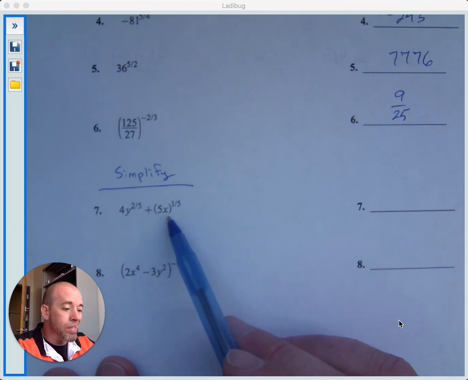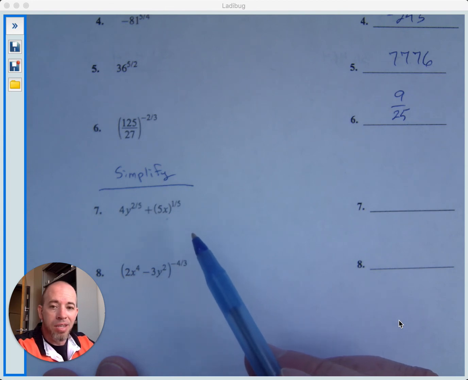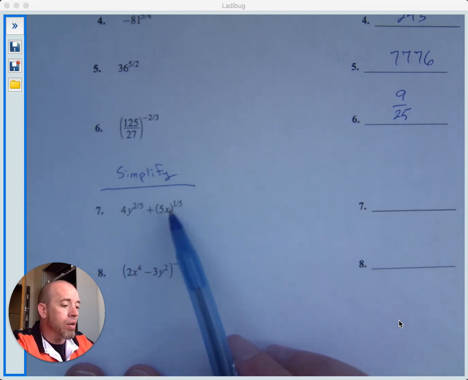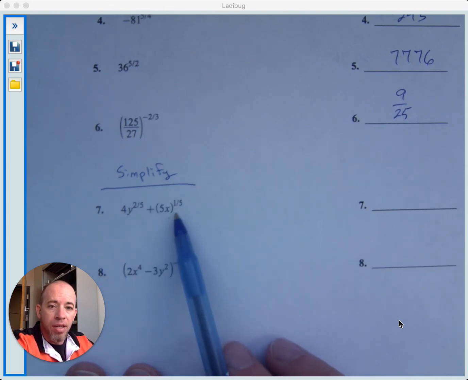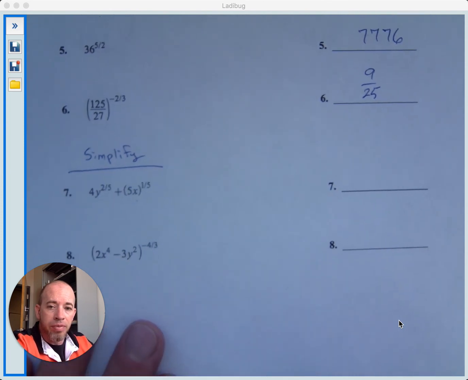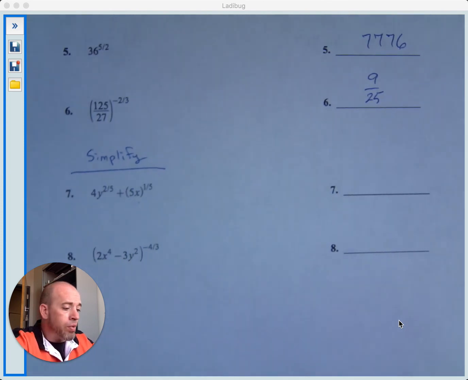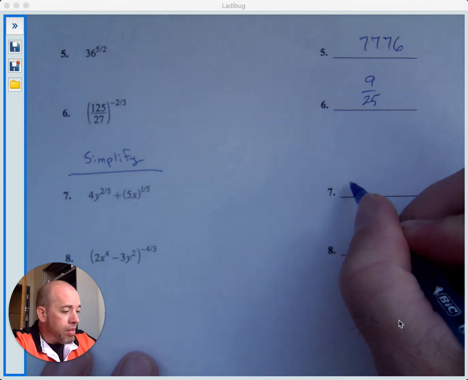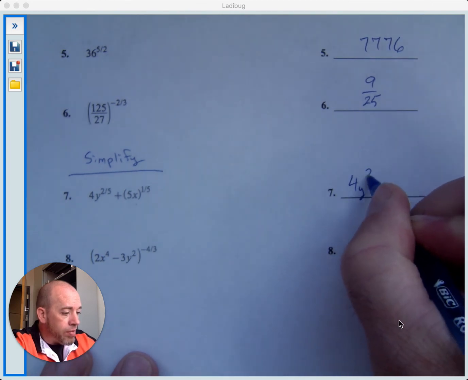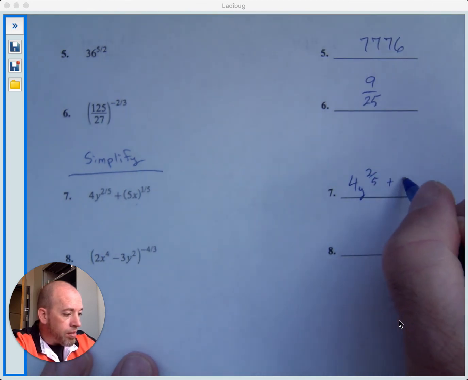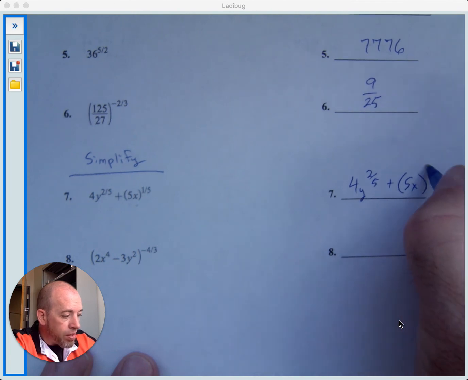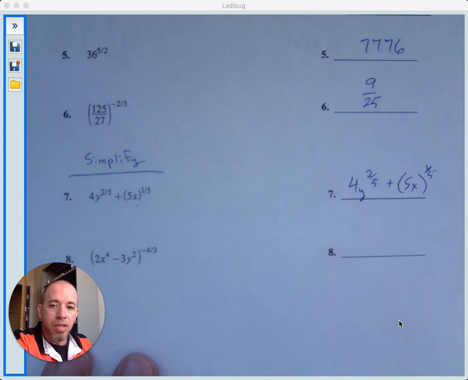Would it really do anything? No, not really. So there's not a whole lot we can do to simplify this. 4y to the 2/5 plus 5x to the 1/5 is about as simple as you can get.